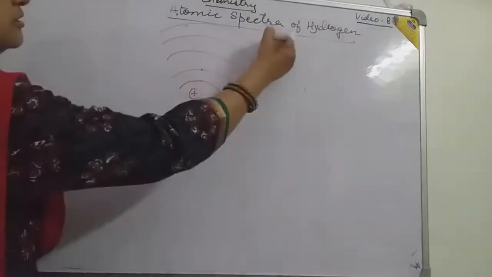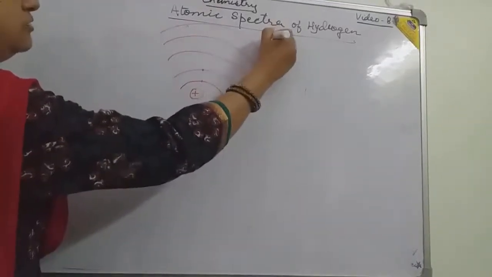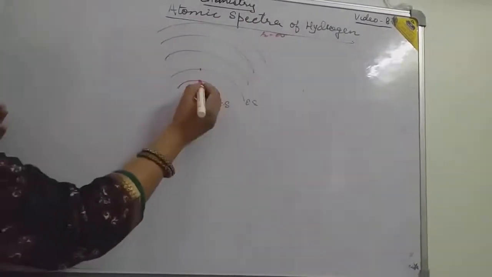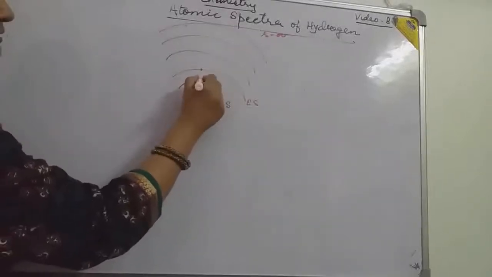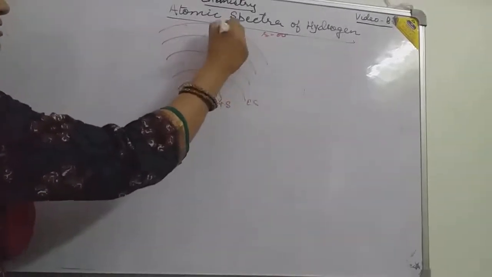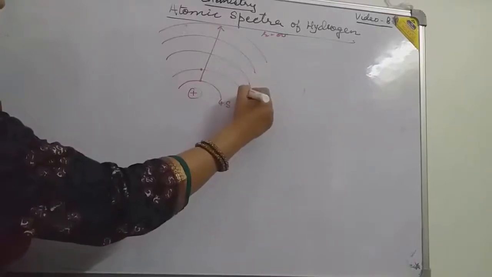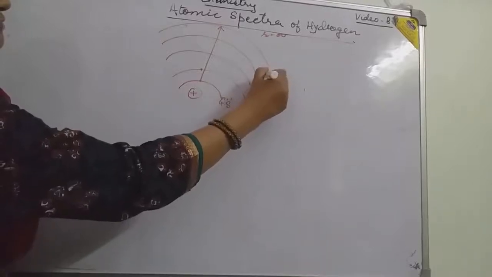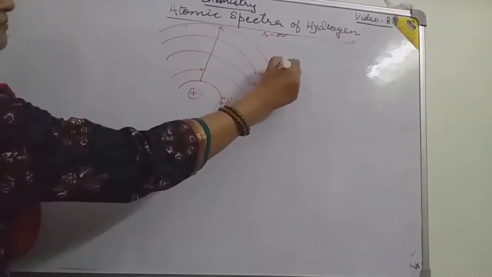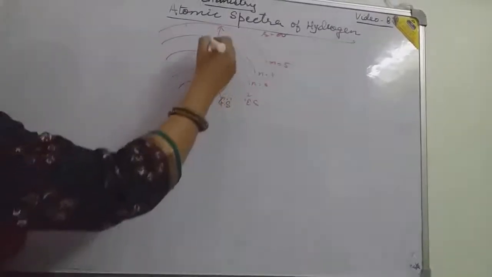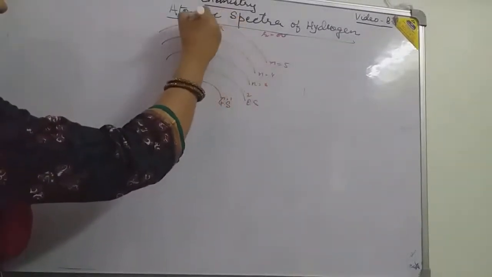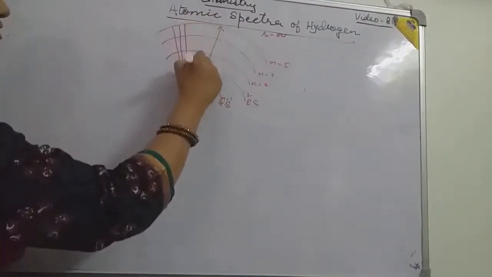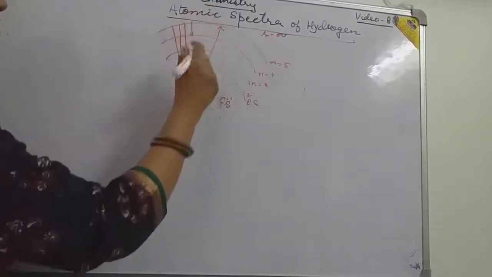If the ground state absorbs energy, it goes to n1, n2, n3, n4, n5. It radiates energy to reach the ground state, or the second state, or the third state, or the fourth state, etc.